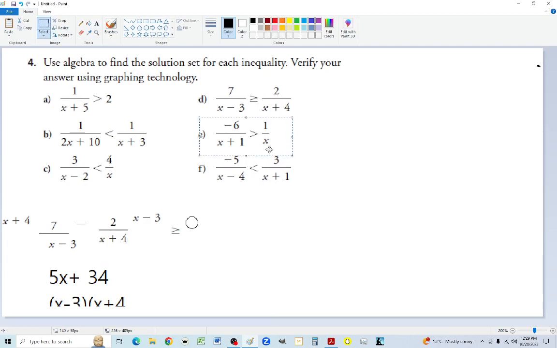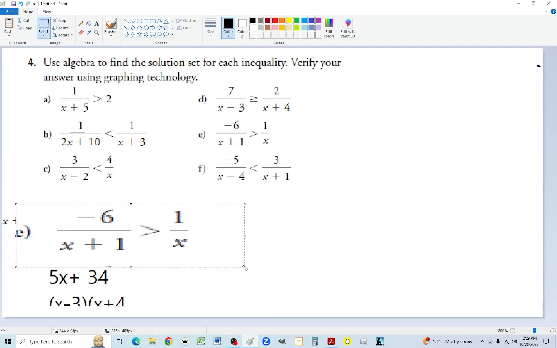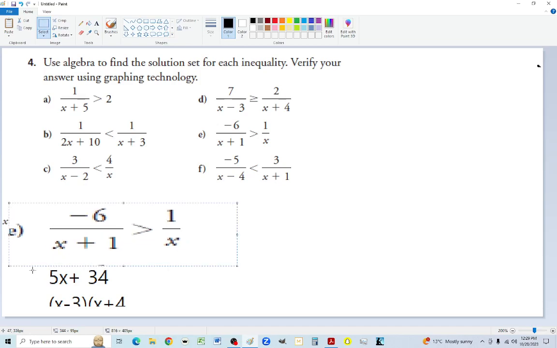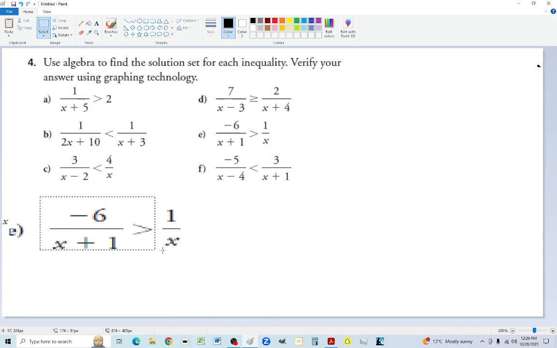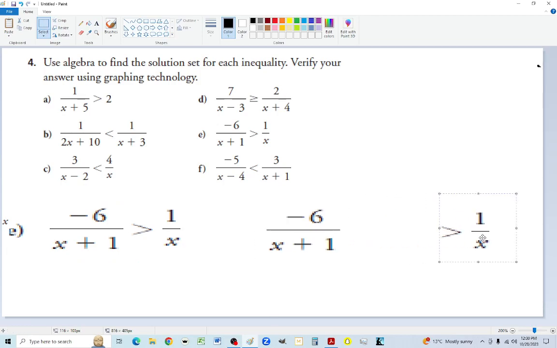And then this one. So same thing. Subtract from both sides. It's going to be equal to 0. So it's a cross multiplication. Not really.